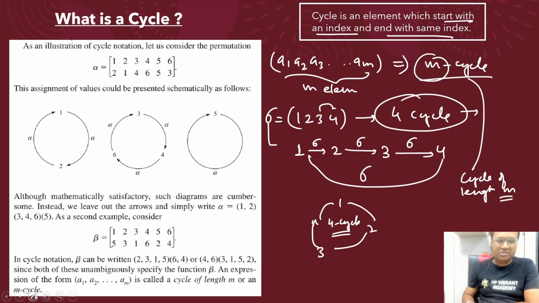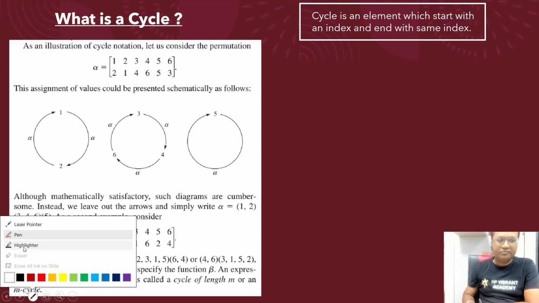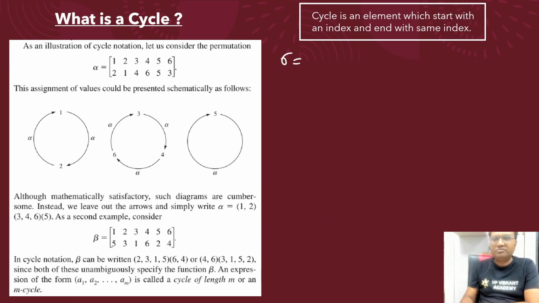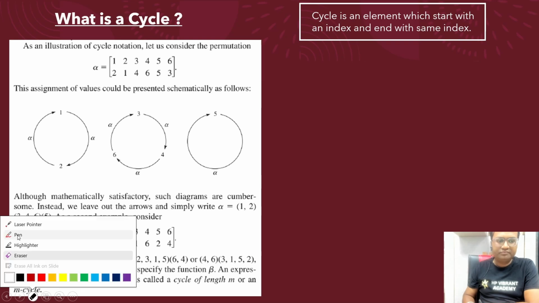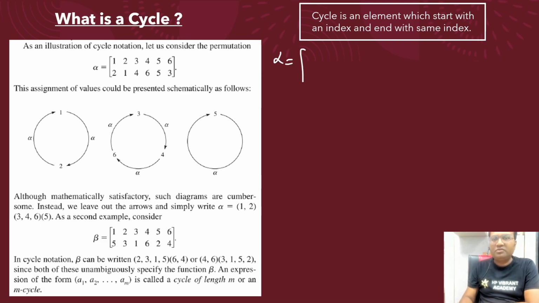Let us take an example. Let alpha be written in array form: 1 2 3 4 5 6 maps to 2 1 4 6 5 3.